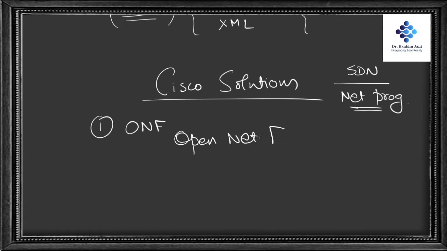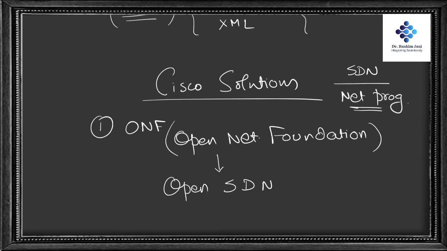What they said is that if we work effectively, then it is possible to control any of the devices. And then they came up with what's called OpenSDN, Open Software Defined Network. And this was for everyone.